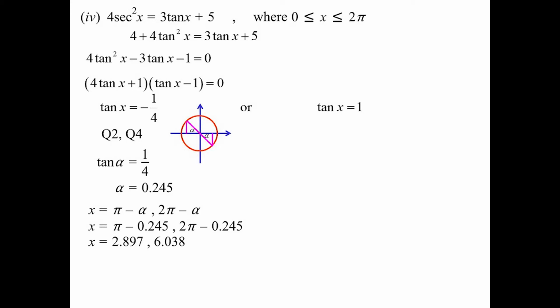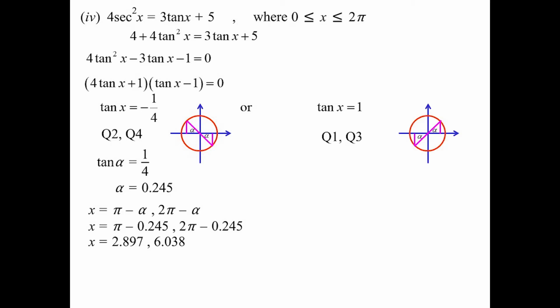Remember, pi is 3.14. Don't make the mistake of saying pi is 180. Pi is 180 degrees, but when we're talking about pi here, it still is pi, 3.14159, etc. And so we end up with 2.897 and 6.038.